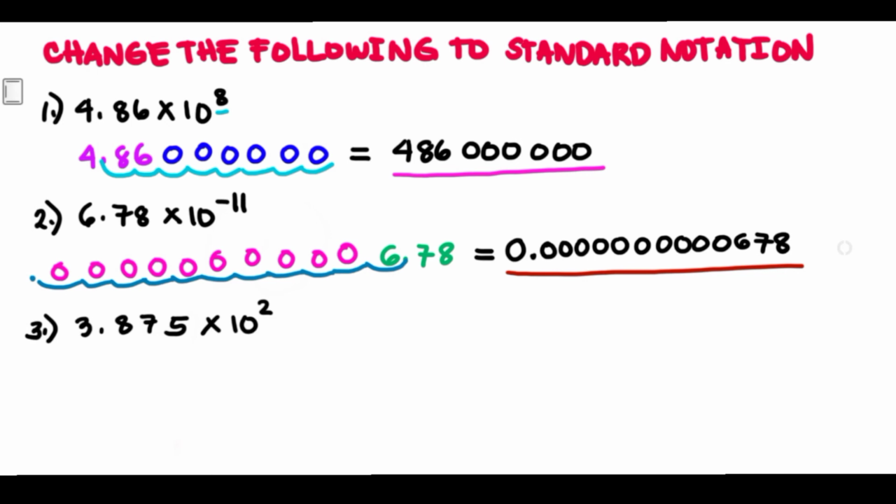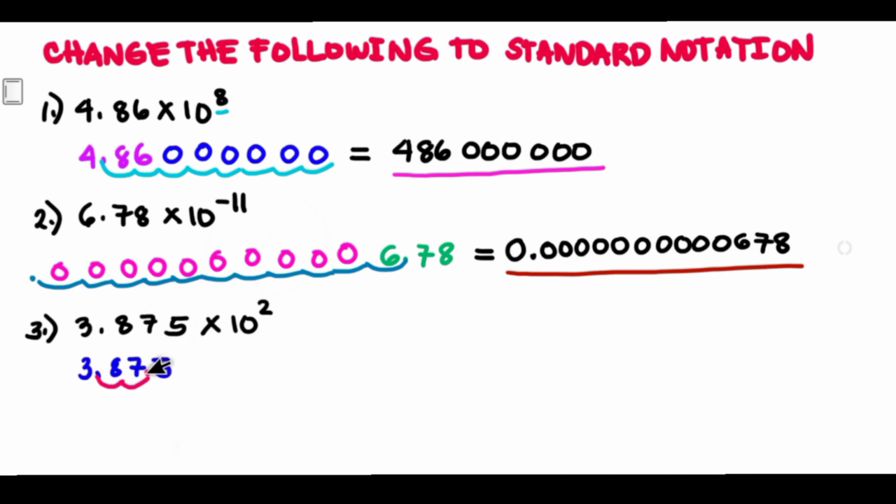So, let's have example number 3. 3.875 times 10 raised to 2. So, copyin po na natin si 3.875. And then, yung exponent na 2 signifies na napupunta tayo sa kanan, since positive siya, ng 2 beses. So, 1 and then 2.